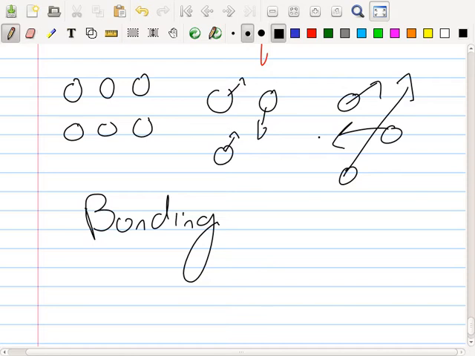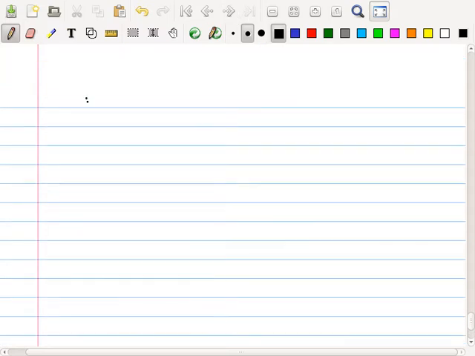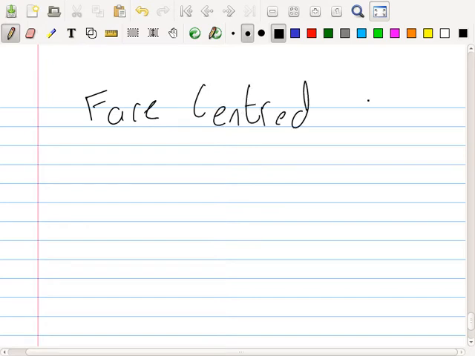Do I want to talk about the crystal structures? Oh, a little bit. Okay. So now we have face-centered cubic. This is how they're put together.